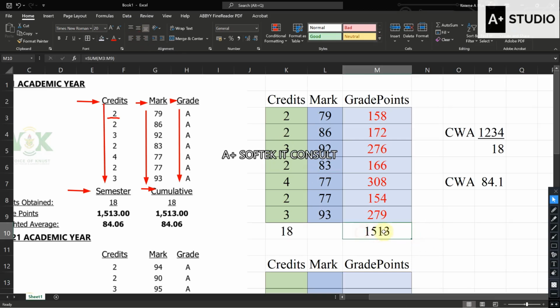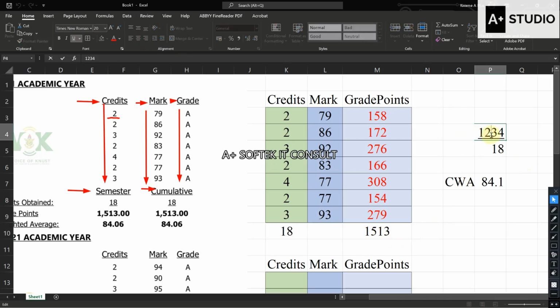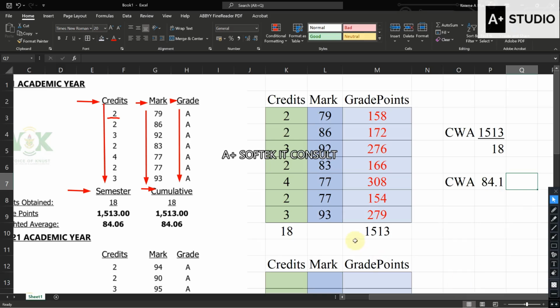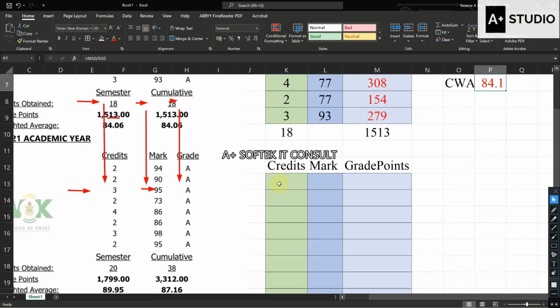So it becomes 1, 5, 1, 3. This becomes the CWA, cumulative weighted average, for this particular student for this particular semester.